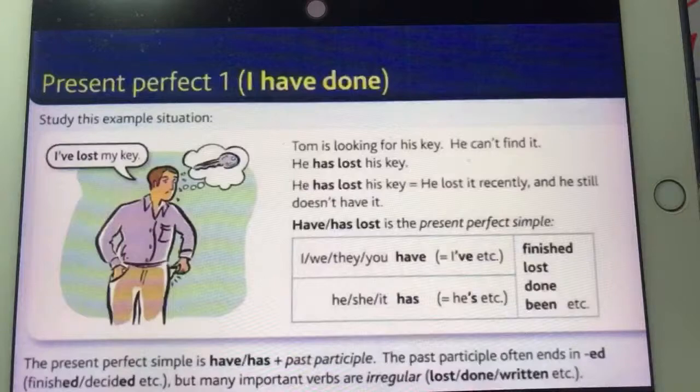For example, dance. So there, example, dance, wash, cook. So the past tense of dance is danced. So you add D. Cook, you add ed.